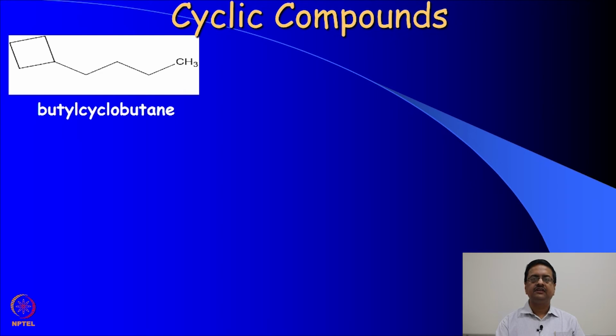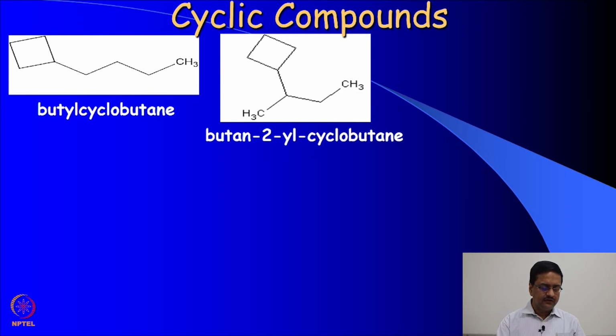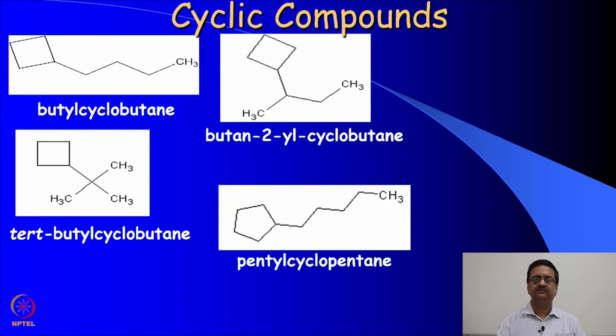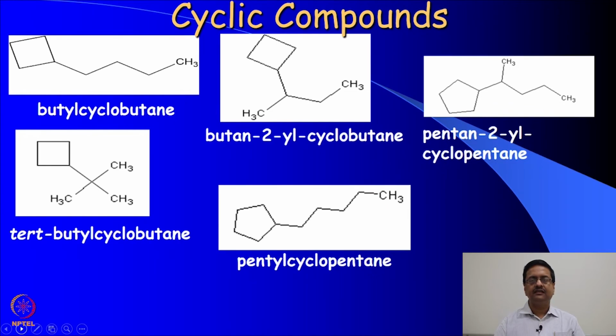See here, I am giving you a few examples. What is happening here? Can you see the number of carbons that are present in the ring and the number of carbon atoms present outside the ring are one and the same, and the way we have named this molecule is unique.